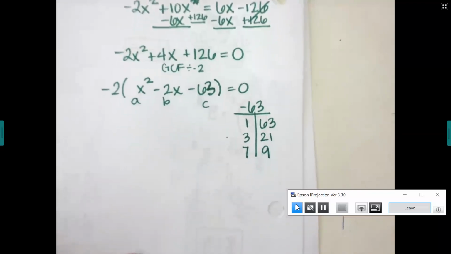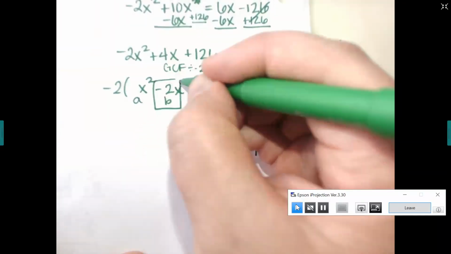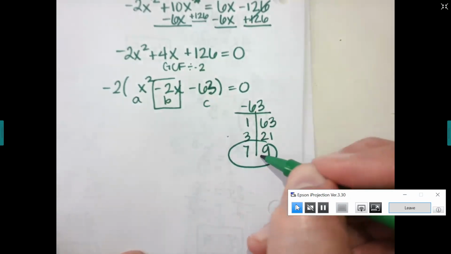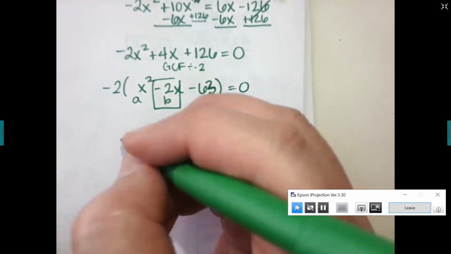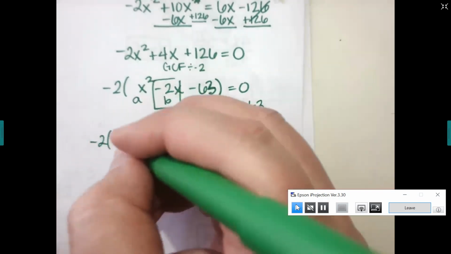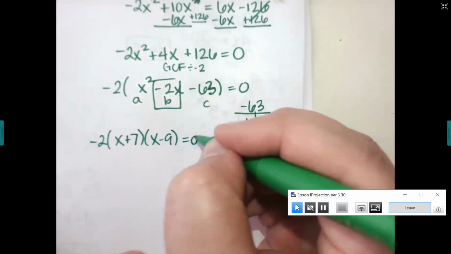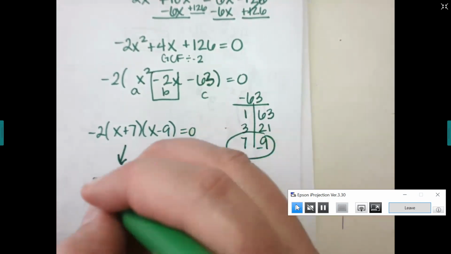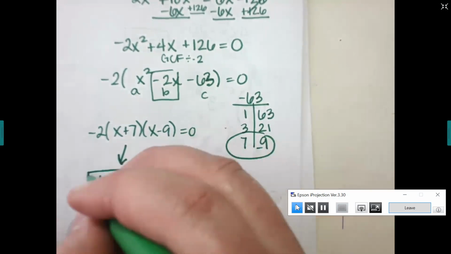And which of those will subtract to give me 2 in the middle? 7 and 9. Which one do I want to put the negative on? The 9, because I want the result to be a minus 2, and I want the bigger one to take the negative. So I'm going to have x plus 7 and x minus 9. Then what are my 2 answers that I would type in? Negative 7. Yes, very good.